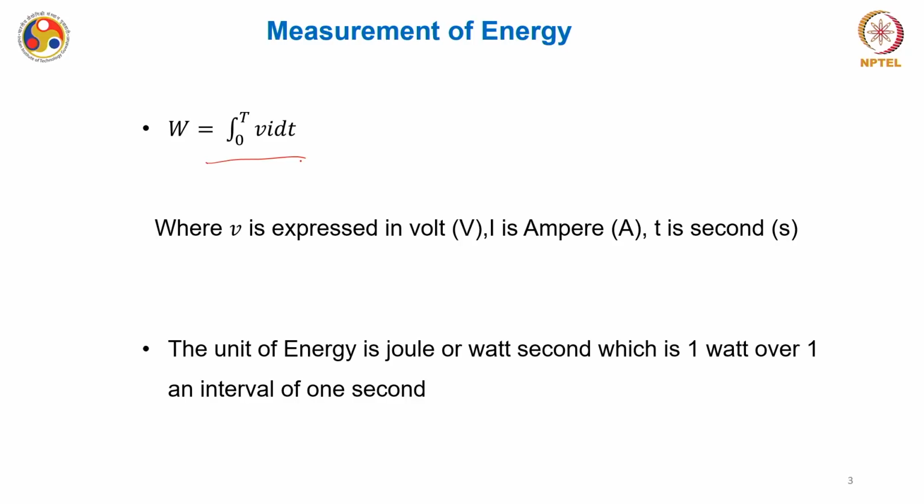So, energy can be given as the integral over 0 to t of v into i into dt. And the unit of energy is joule or watt second, which is 1 watt over an interval of 1 second or similar time units. We have also talked about per hour and so on.